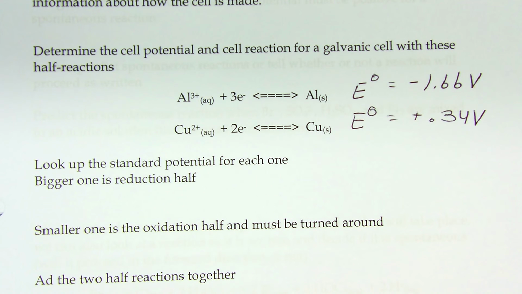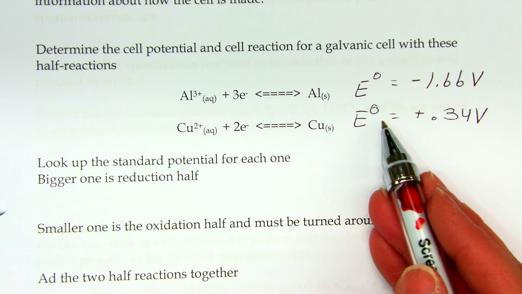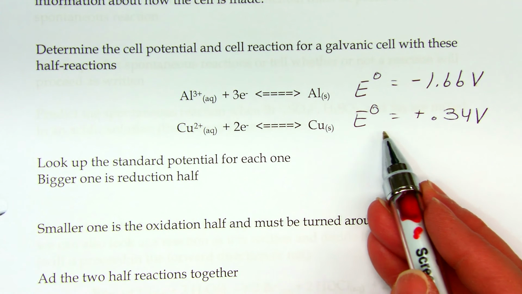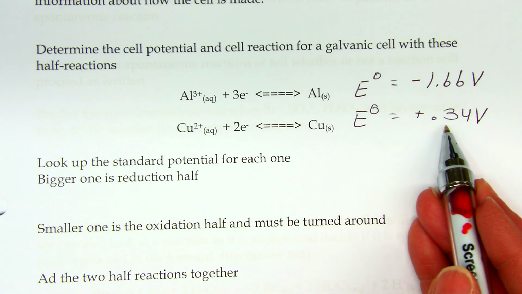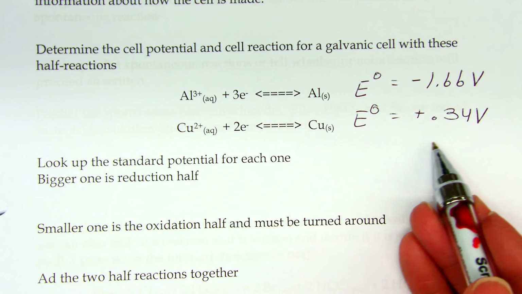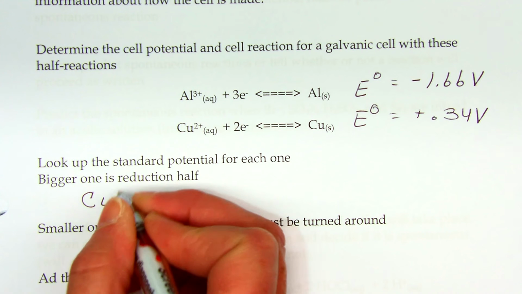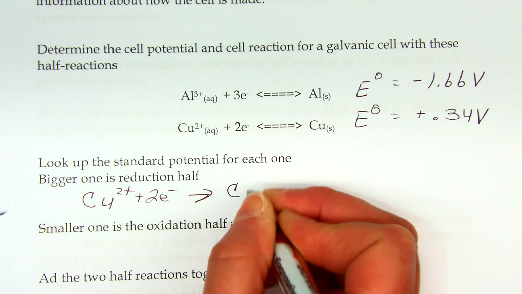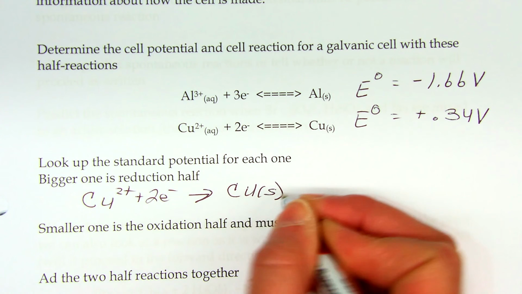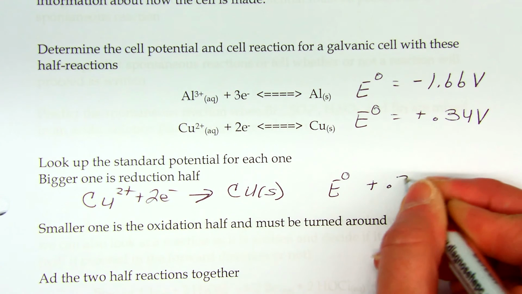Now we look at these numbers, and if I hook them up, what will spontaneously happen in nature is that the one with the larger reduction potential will be the reduction half. So in this case, it's the copper half. So copper will get reduced. The copper ion will grab 2 electrons and become copper solid. And the E0 for that is positive 0.34 volts.